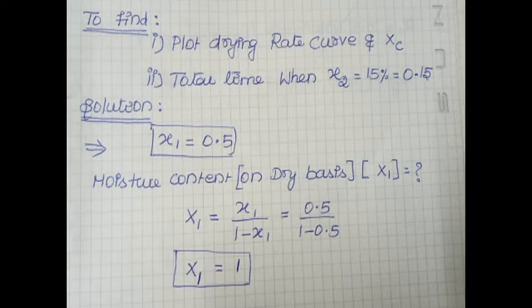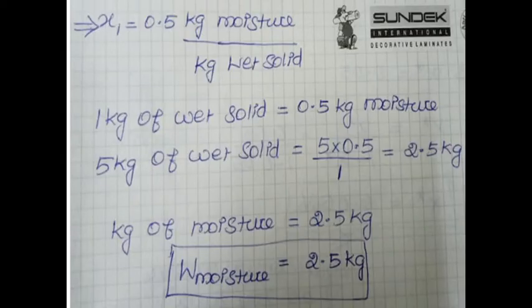Substituting this value, we find capital X1 is equal to 1. Here capital X1 is the moisture content on dry basis. Next we are going to calculate the weight of moisture. You should take the moisture content on wet basis, this is the given data, x1 is equal to 0.5 kg of moisture per kg of wet solid.